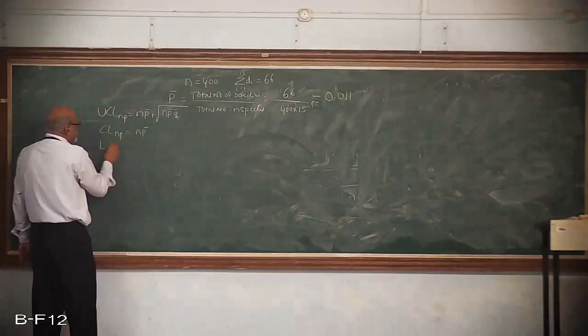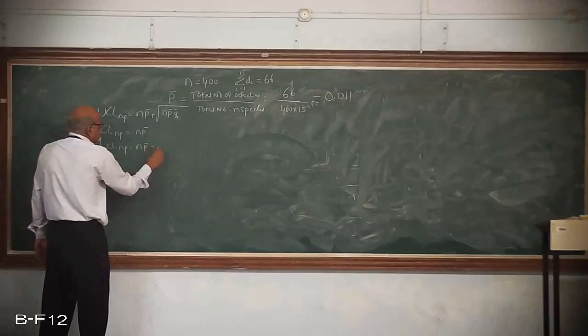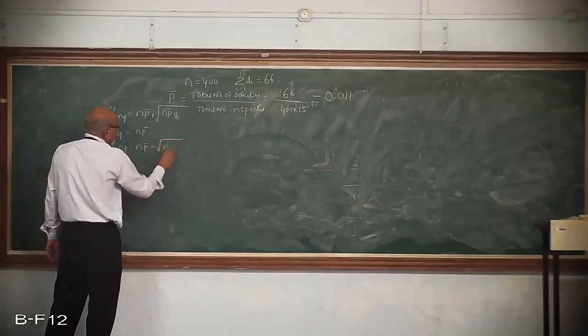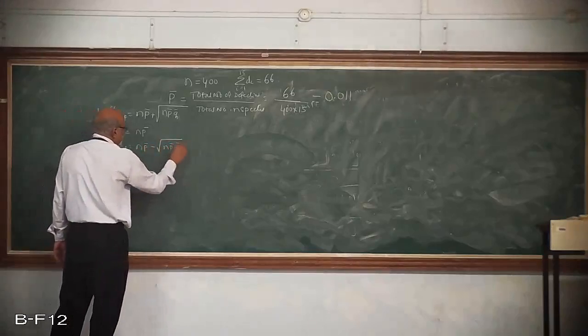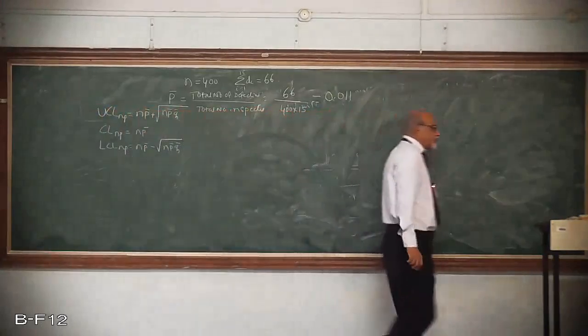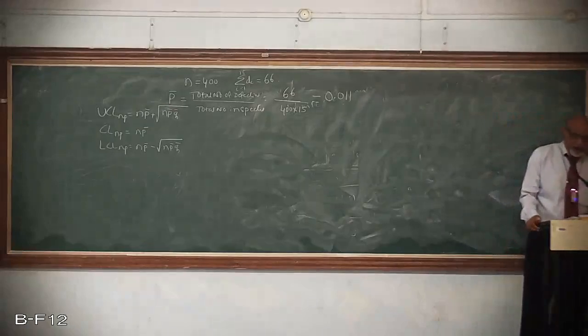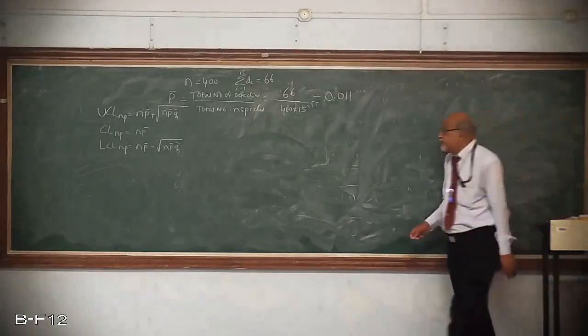The lower control limit is NP bar minus the square root of NP bar Q bar. Now P bar we have found out to be 0.011. Hence the Q bar is 0.989.